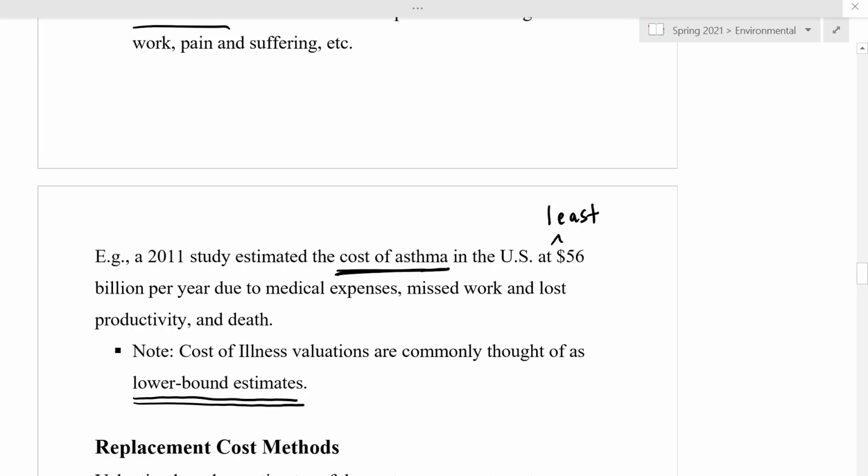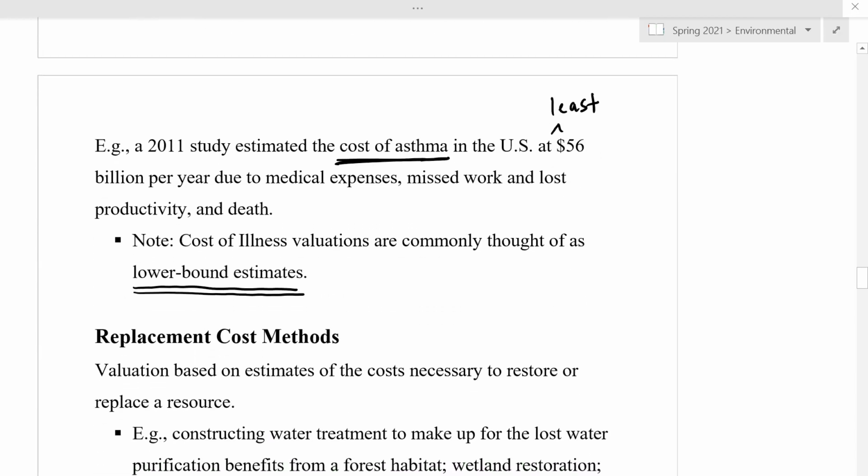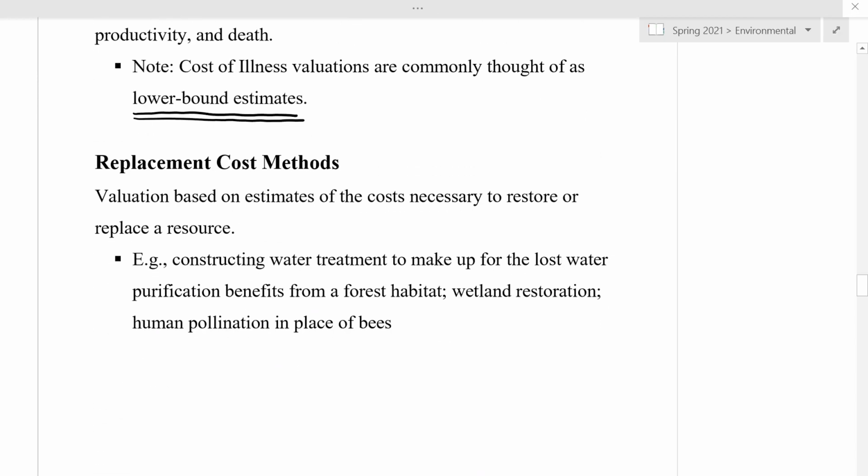And so if there was any policy being evaluated, then it should be at least $56 billion per year that we could use to help combat environmental problems that cause asthma, for example. Okay, so that's the cost of illness method. We also have replacement costs.